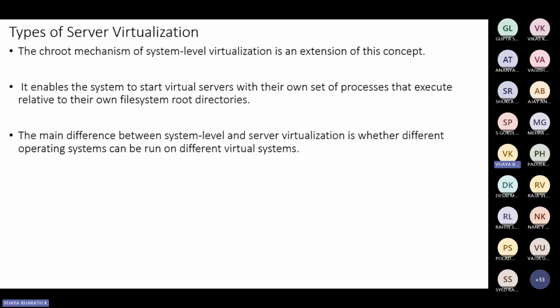Basically it enables the system to start virtual servers as their own set of processes that execute with their own space. They will have their own file system and root directories from that change root. The main difference between system level and server virtualization is whether different operating systems can be run on different virtual machines.